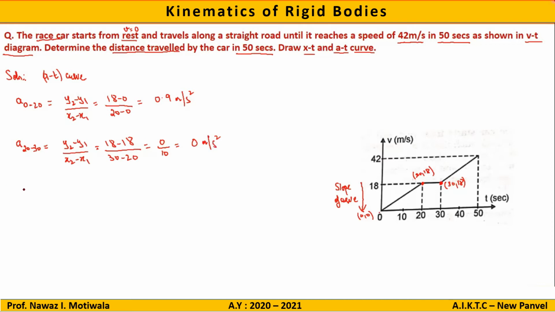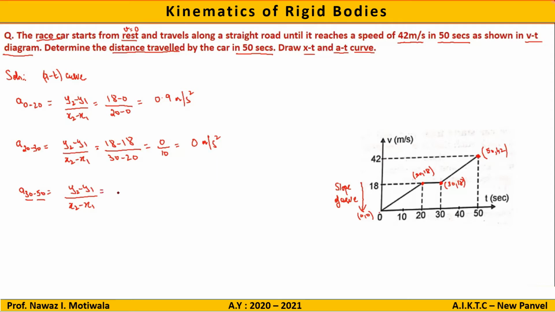Third part is between 30 to 50. So I will write down a between 30 to 50. Again the formula will be the same, y2 minus y1 divided by x2 minus x1. We are just finding out the slope. Now the first point is 30, the second point is 50. So this 30, 18 will become my first point, and this will become my second point whose coordinates will be 50, 42.